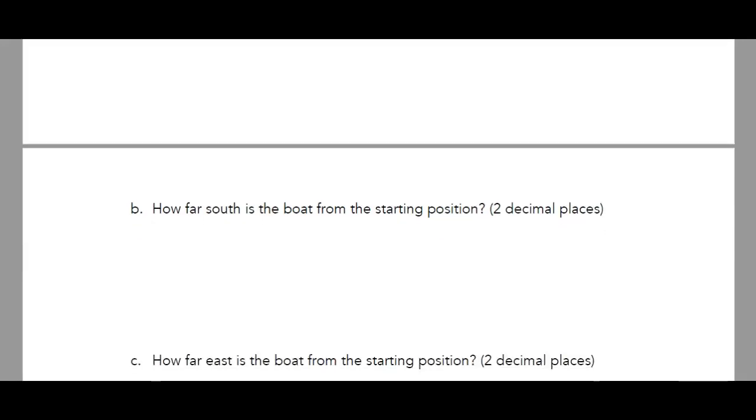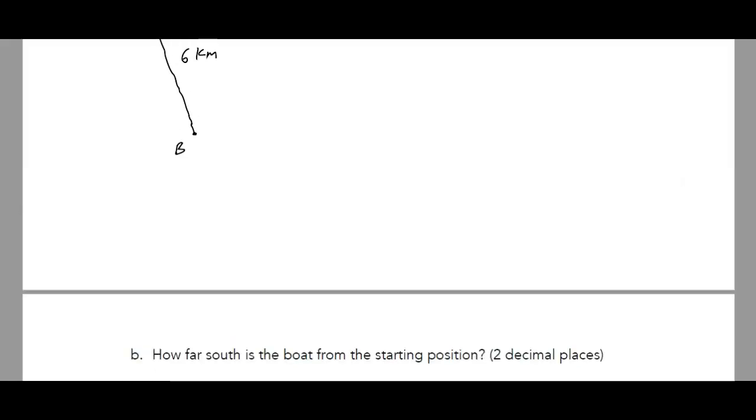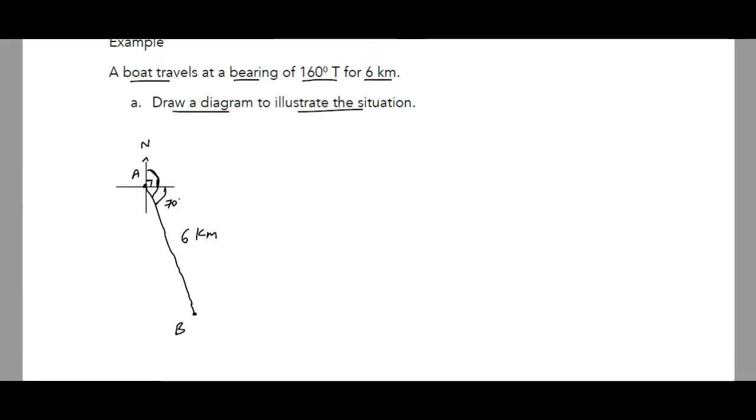So in part B of the question, they want us to find out how far south the boat is from the starting position. So let's have a look here. I am going to complete a right angle triangle in this scenario.